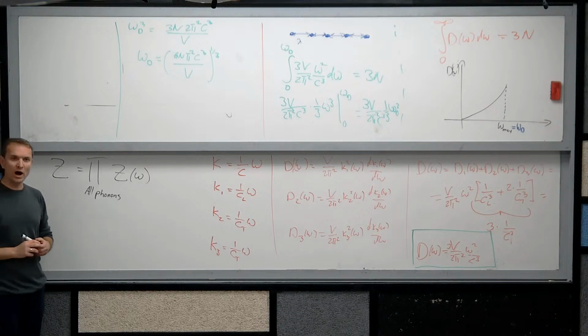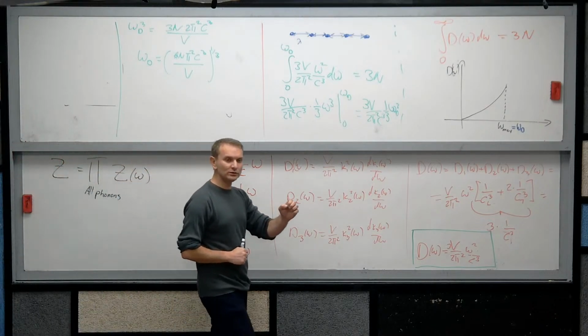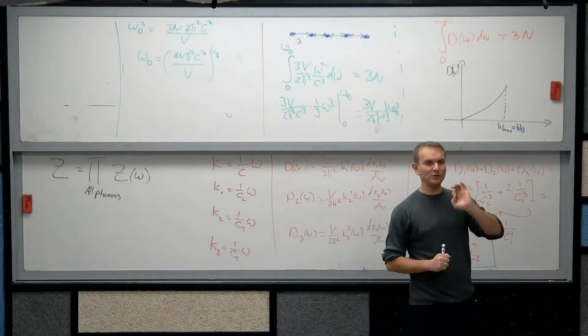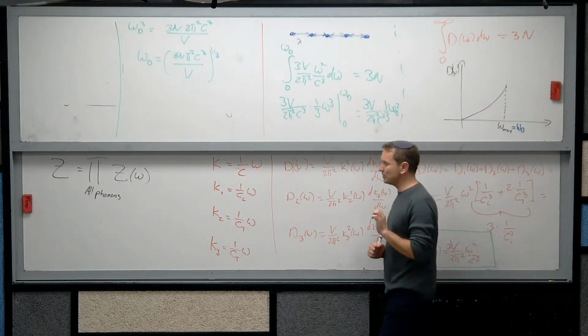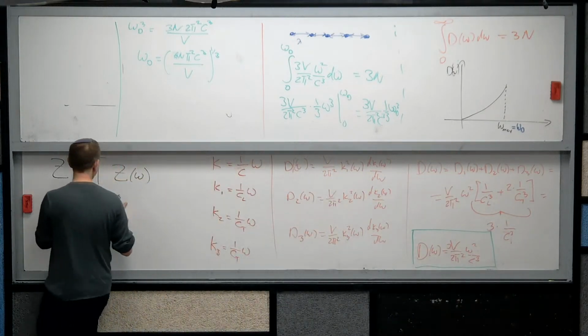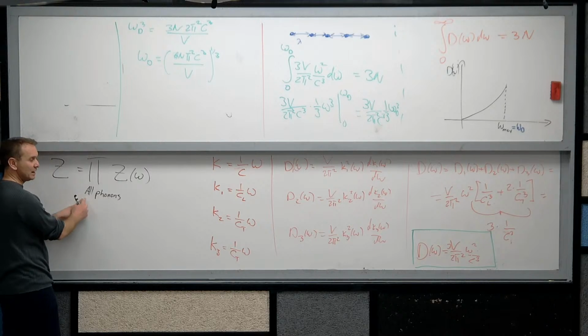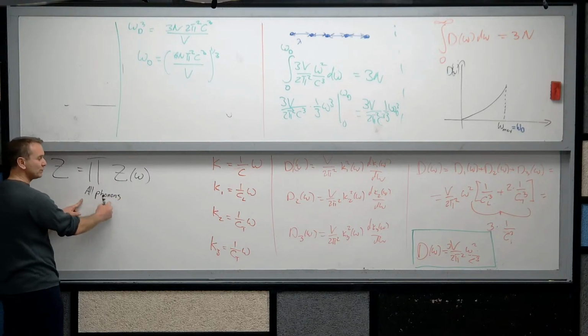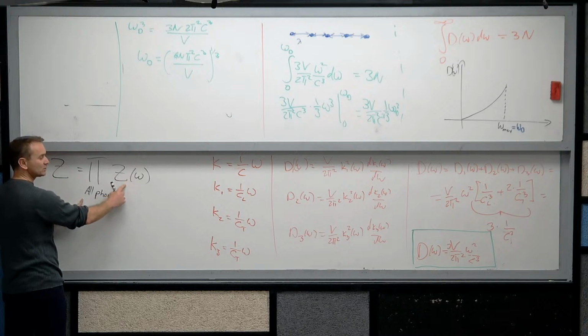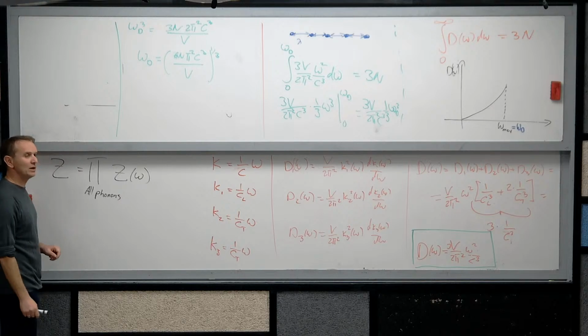Remember how we define a phonon? A phonon is a quasi-particle with a specific omega. If we multiply over all the different particles that we have inside the system, it's not a state, this is the factorization. We just multiply over all the different omegas that we have inside.